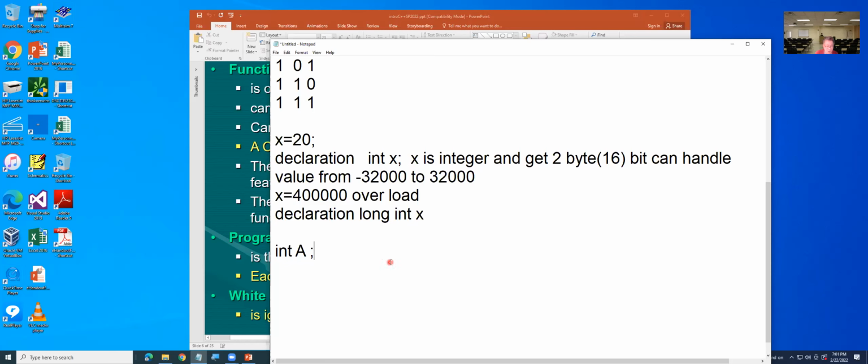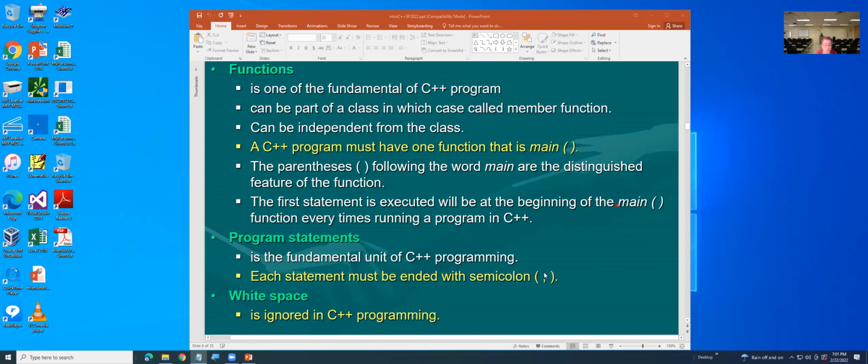Okay? Or you can say A equal B plus C. Then you get the error. You're missing the semicolon. Okay? So that's why any statement in C++ must end with a semicolon.